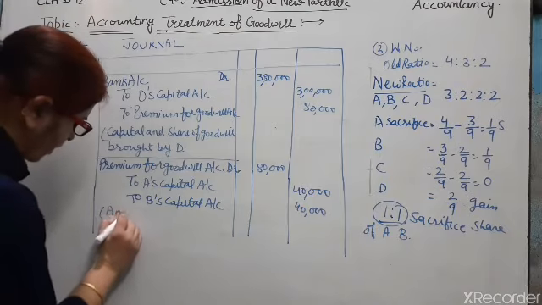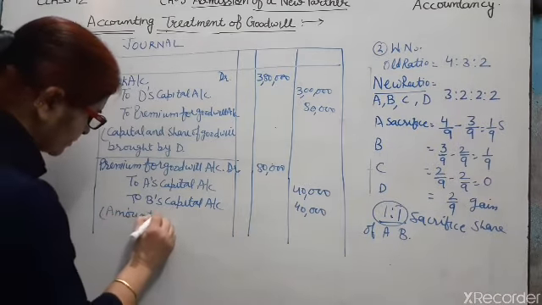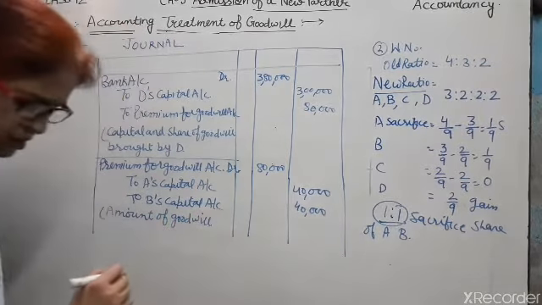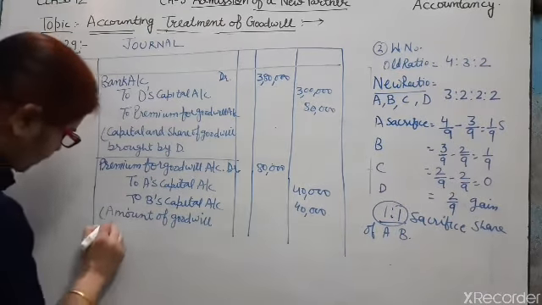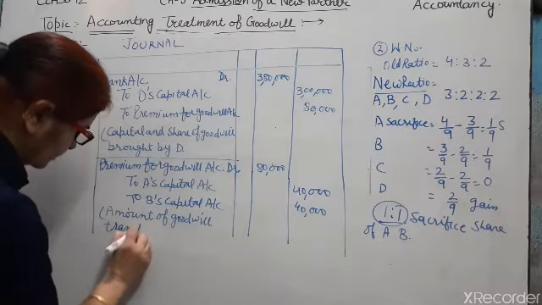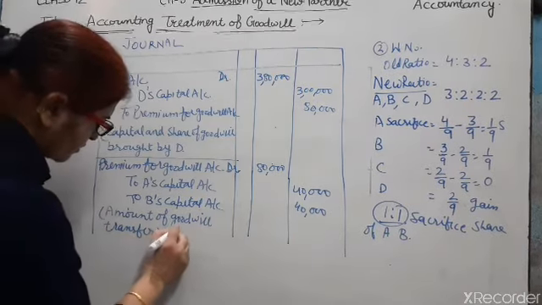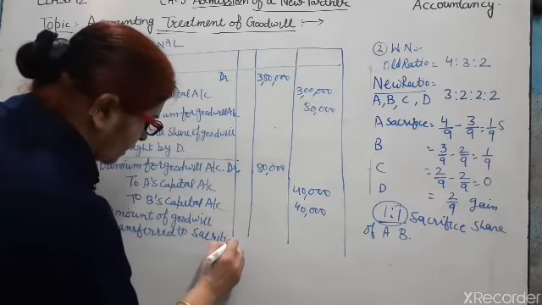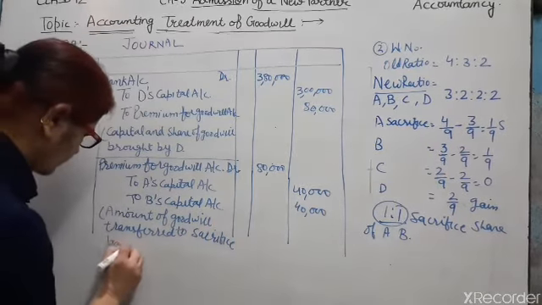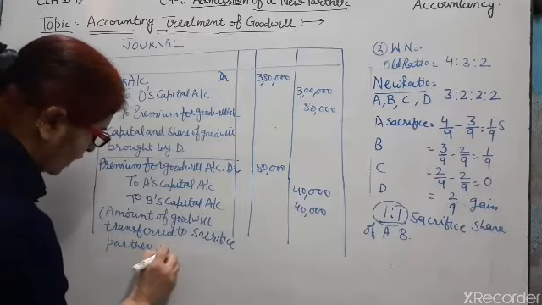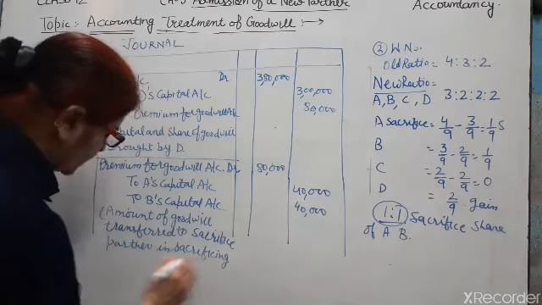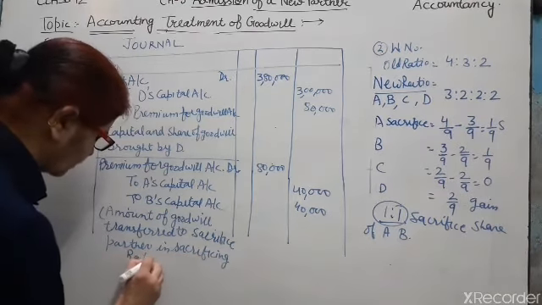Amount of goodwill transferred to sacrificing partners in the sacrificing ratio.